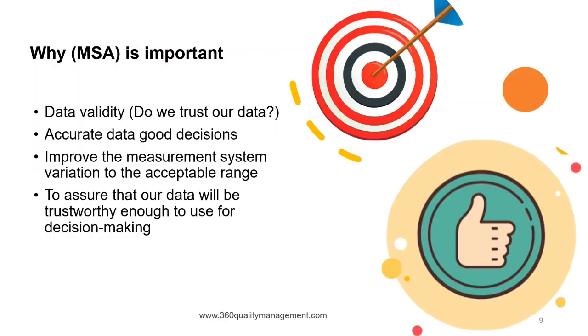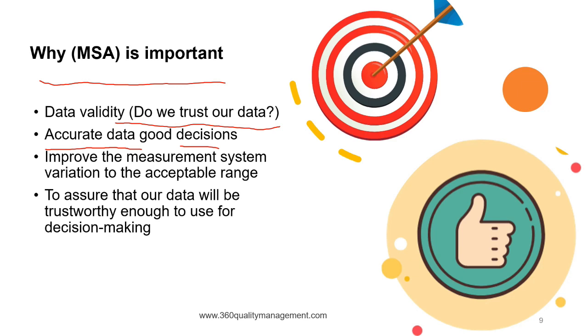Measurement system analysis helps us to answer whether we can trust our data, because we are able to isolate the measurement variations from the total variation that we observe, as stated in the last slides. As you know, accurate data is important to make good decisions.